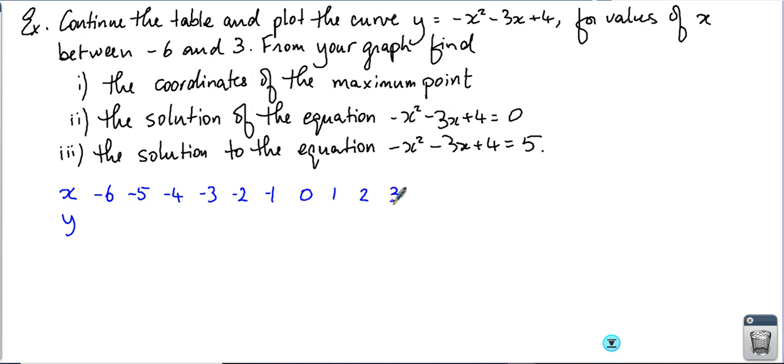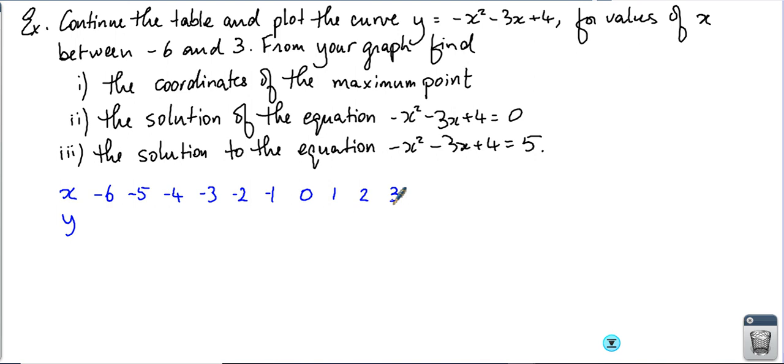As usual, you need to write down the table, the equation. So you have minus x squared minus 3x plus 4. You can do this with me right now, using your calculator. Start is minus 6, end is 3, and step is 1.